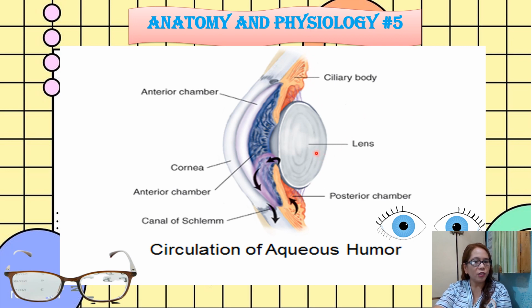So, this circulatory system helps to control the pressure inside the eye. So, para maiwasan yung increasing of the eye pressure, no, that causes glaucoma or eye problem. And glaucoma is delikado siya because it might cause vision loss to the client kapag hindi siya naagapan. Alright?